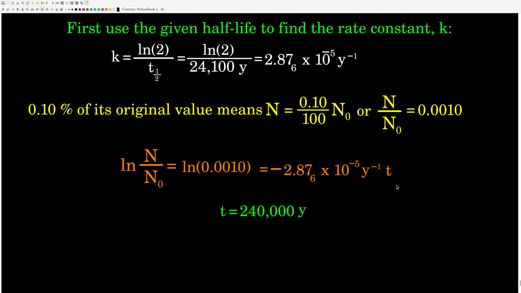We rearrange this, solve for the time, and we see that it takes 240,000 years for that radioactive waste to decay to a low enough level to where it's not a problem, which is one of the big problems with radioactive waste. Although there's a lot of good things about nuclear energy too. That's all there is to that, guys.